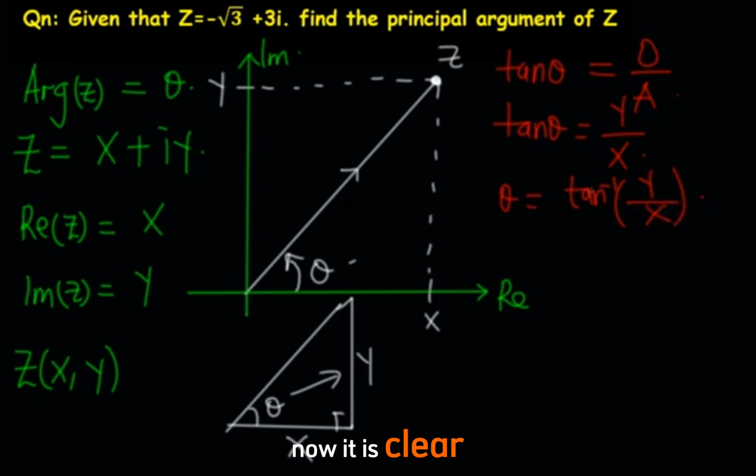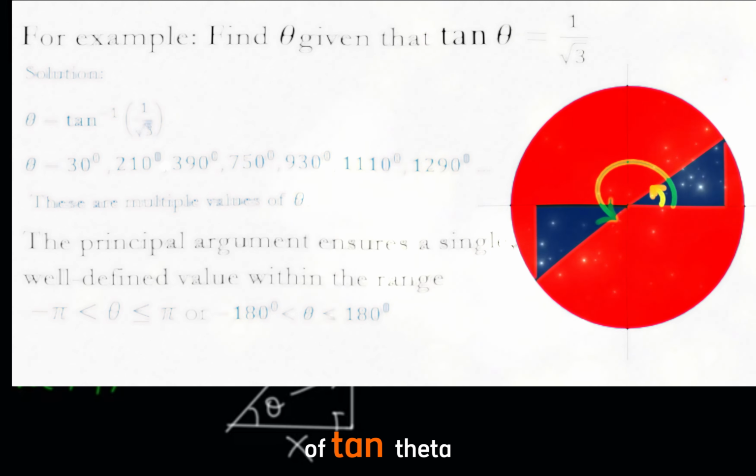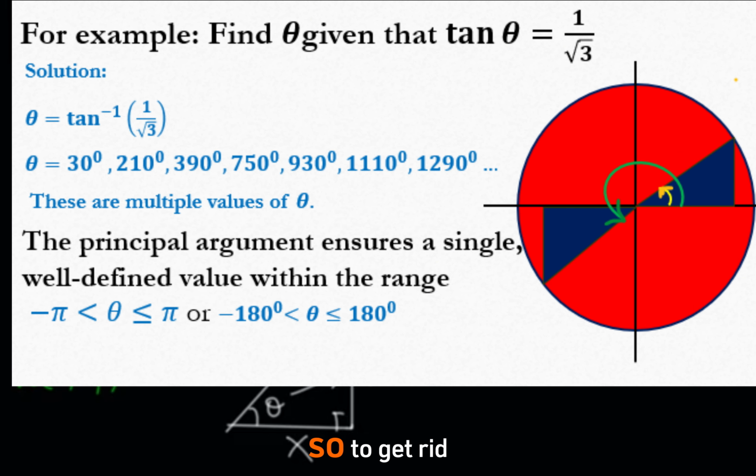Now it is clear that for any angle measured in this way, we shall have multiple arguments which give the same value of tan theta. So to get rid of this problem, we are going to introduce something called the principal argument.